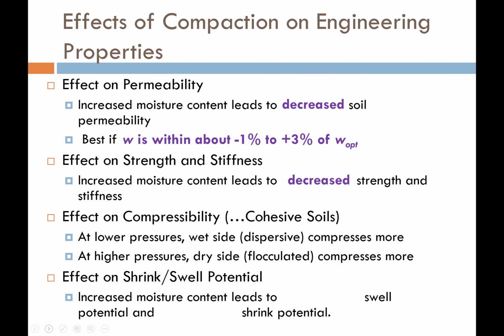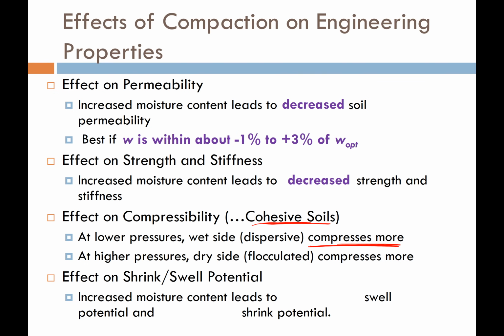In terms of compressibility, and this is applicable specifically to cohesive soils, if we're at lower pressures, meaning this is compaction in soils that are going to be shallow relative to the ground surface, then having a wet soil, or being wet of optimum, is going to give us more compression.